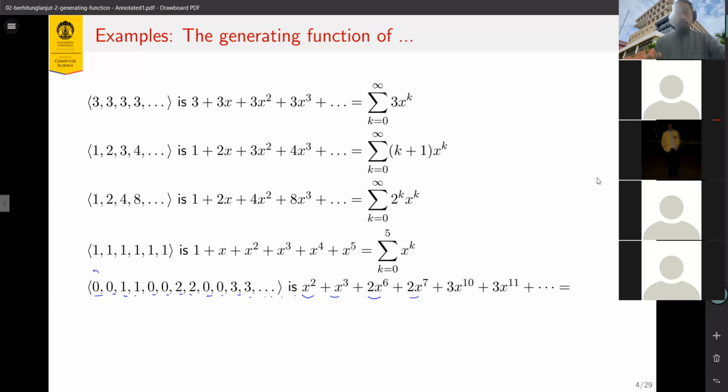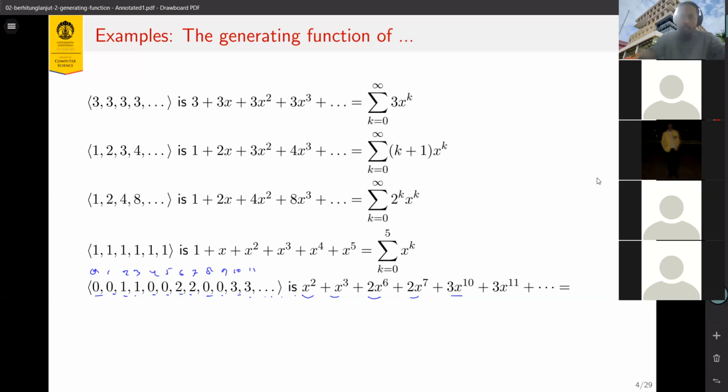Remember, this is 0 1 2 3, and then 4 5, this is 6 and 7, then this is 8 and 9, this is 10 and 11, and so on, plus 3 times x to the power of 10 plus 3 times x to the power of 11, and so on, right? So every 2 terms you have 2 terms with coefficients increasing, right?